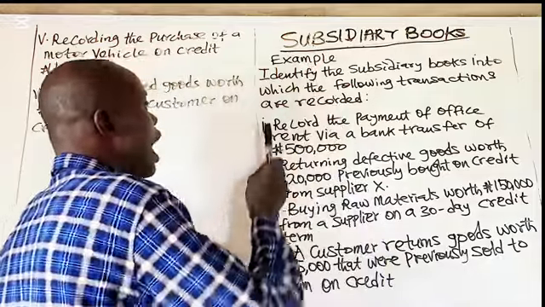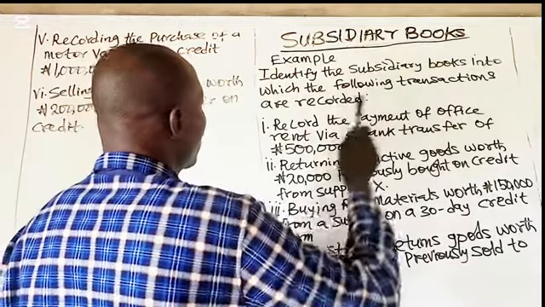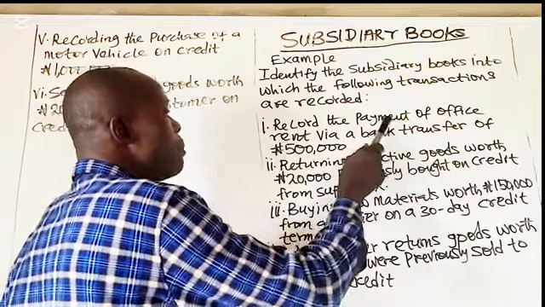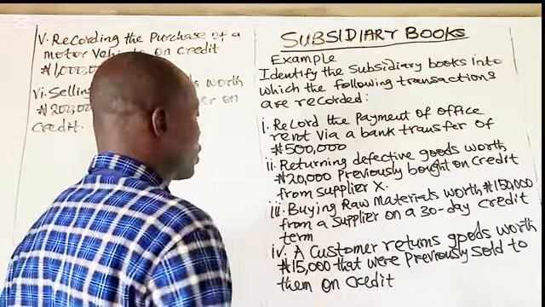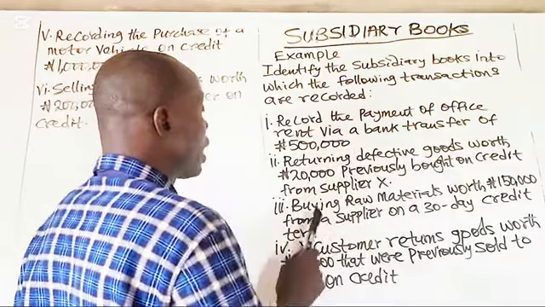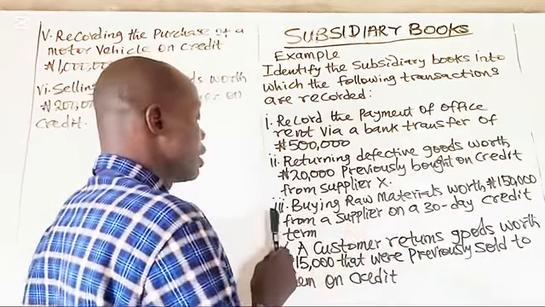Example: identify the subsidiary books into which the following transactions are recorded. 1. Record the payment of office rent via a bank transfer of 500,000 naira. 2. Returning defective goods worth 20,000 naira previously bought on credit from supplier X. 3.